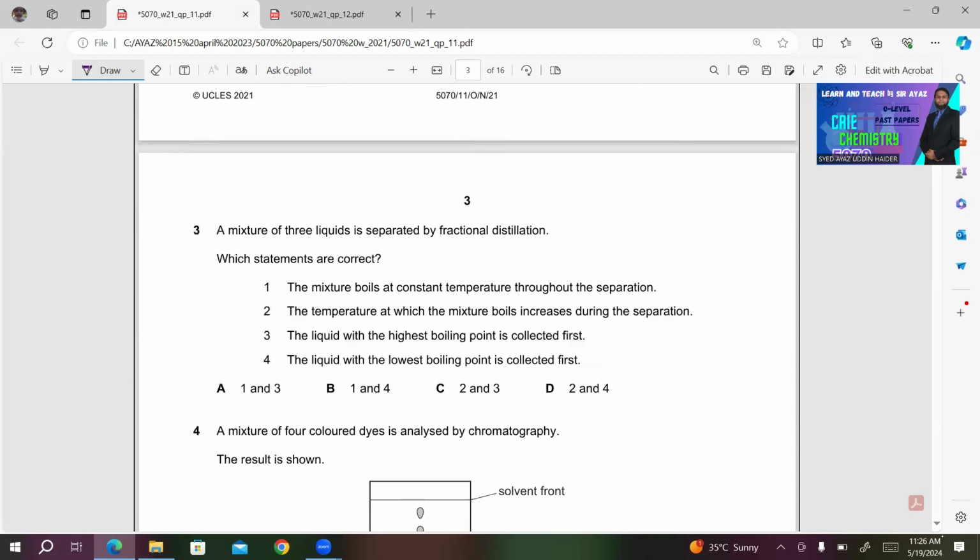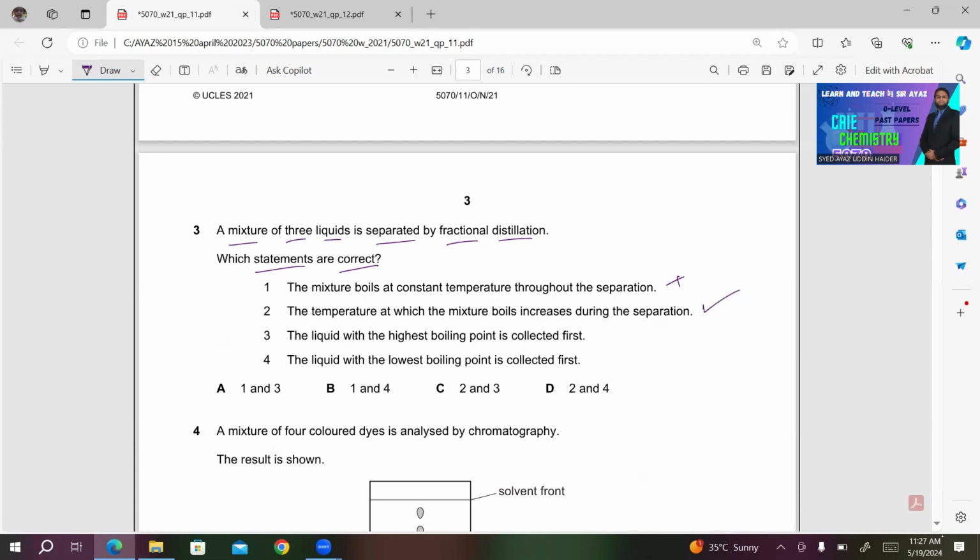Number 3, a mixture of 3 liquids is separated by fractional distillation. Which statements are correct? Number 1, the mixture boils at constant temperature throughout the separation. This is incorrect because it's not possible. You have 3 different liquids, so the solution can't boil at the constant temperature all the time. Number 2, the temperature at which the mixture boils increases during the separation.